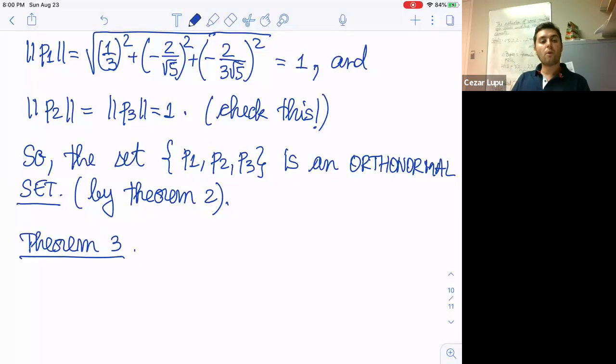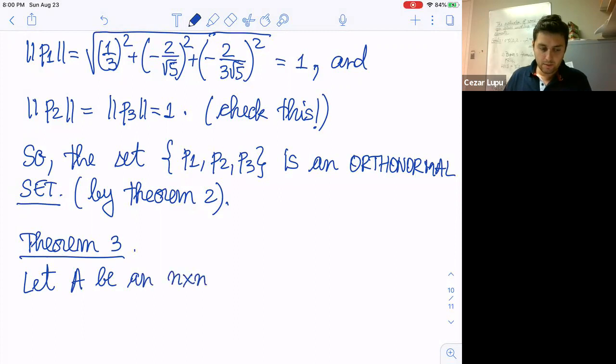which is a very important property of symmetric matrices, and it says the following: let A be an n by n symmetric matrix.